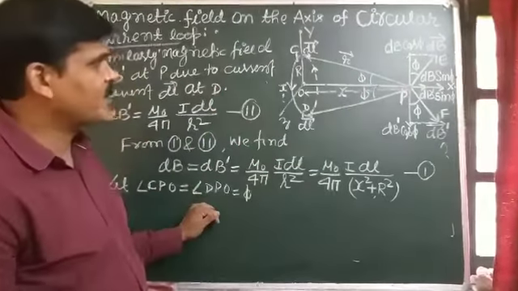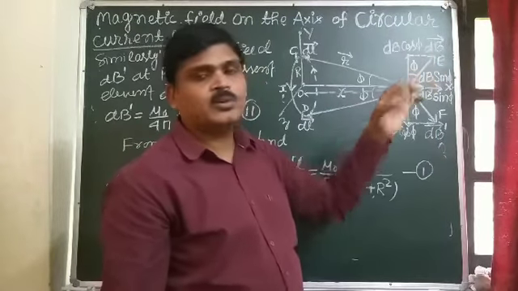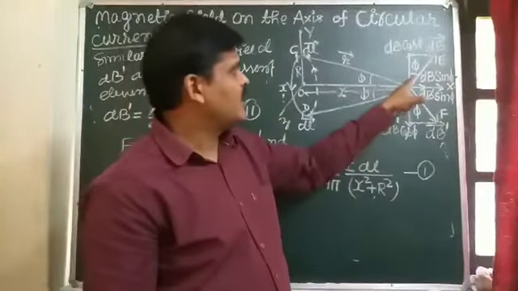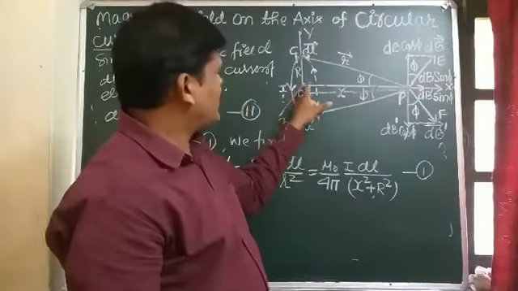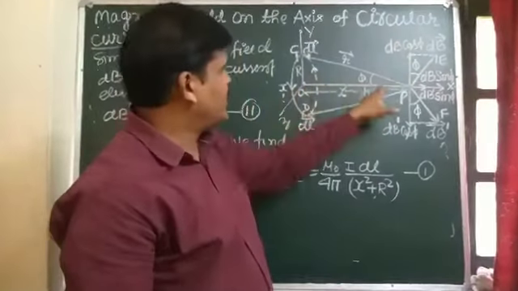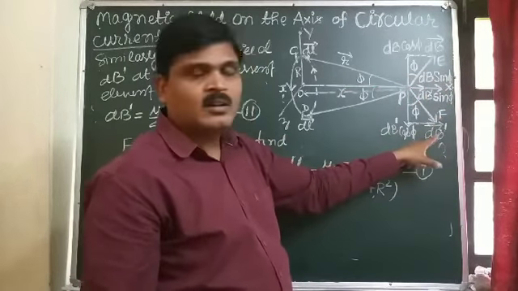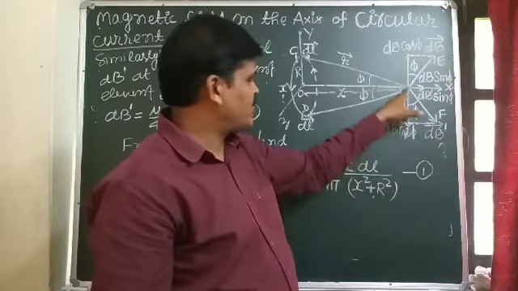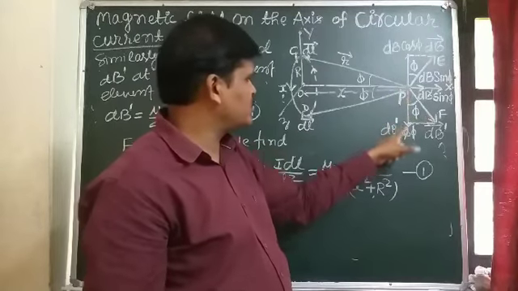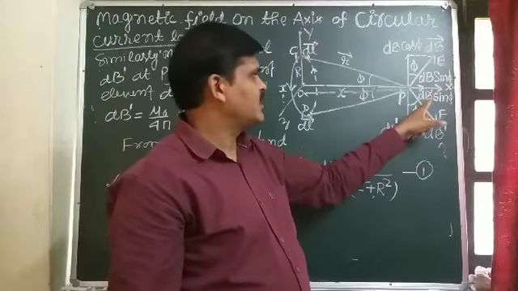And student, dB and dB dash can be resolved into their rectangular components. The component perpendicular to the axis is dB cos phi, and along the axis is dB sin phi, and the rectangular components of dB dash are dB dash cos phi perpendicular to the axis of the circular loop, and dB dash sin phi along its axis.